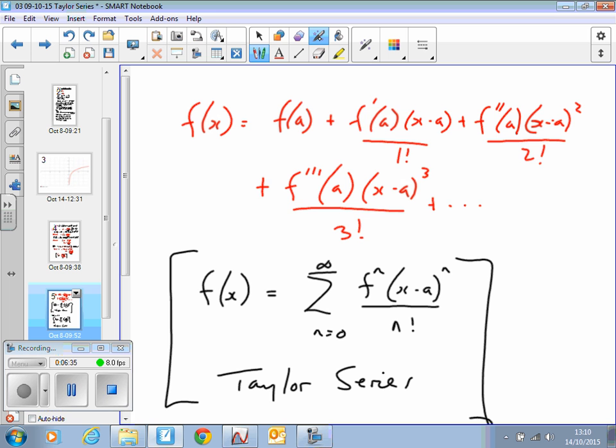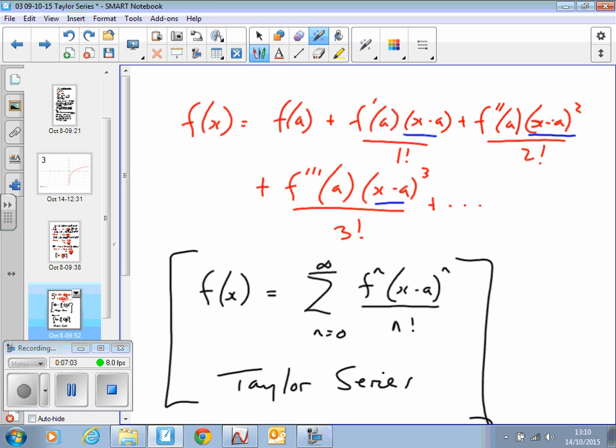Remember, C0 turned out to be f(a), so that's C0. C1 was the value of the first differential at a over 1 factorial, so that's this bit here. C2 was the value of the second differential at a over 2 factorial, and so on. So we can put these coefficients in front of the terms x minus a squared, x minus a cubed, and so on.